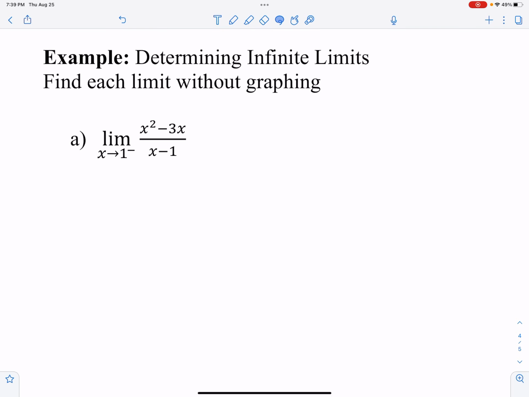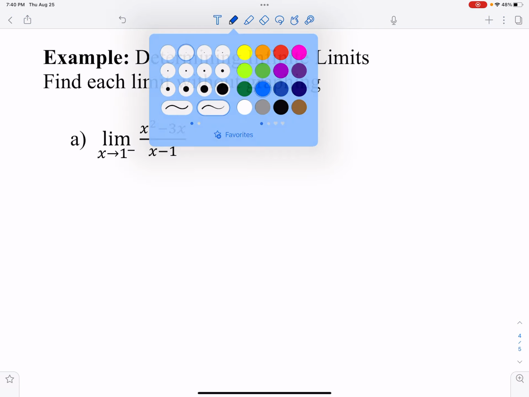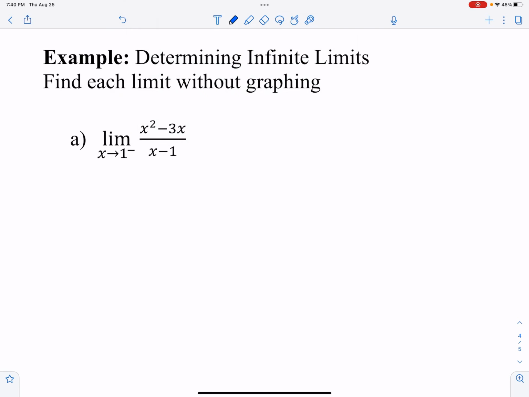Okay, determining infinite limits. Let's find each limit without graphing. Okay, so notice if we try direct substitution, this is the limit as x approaches 1 from the left. So if we try direct substitution, we get -2 over 0.